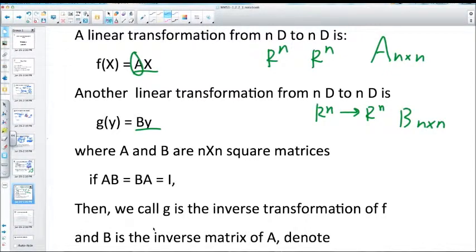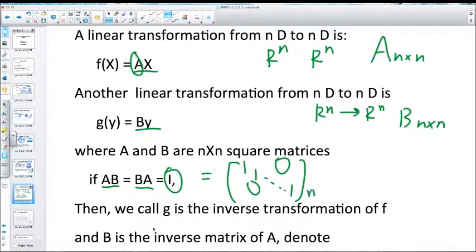If you can show me that A multiplied by B and B multiplied by A both equal the identity. You remember what the identity is? It's 1, 1 on the diagonal and 0 everywhere else. That's the identity.